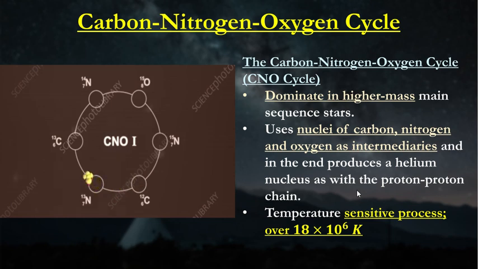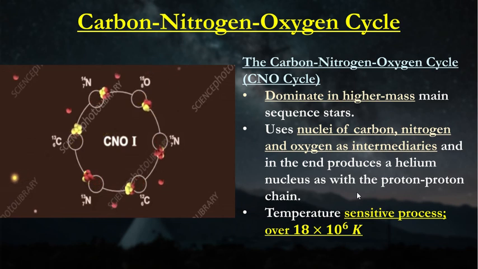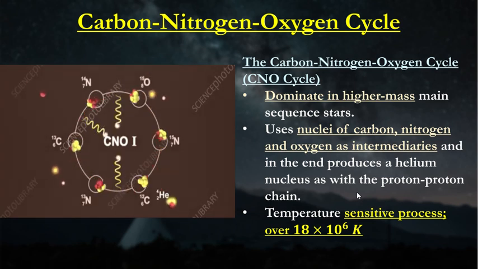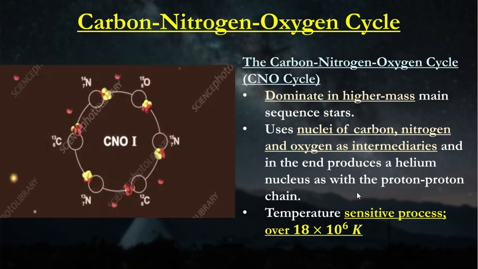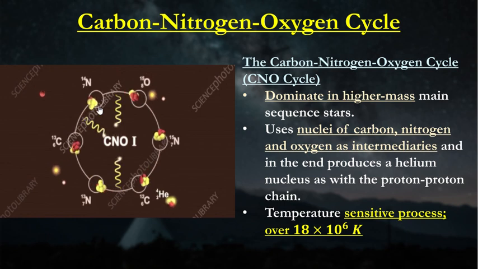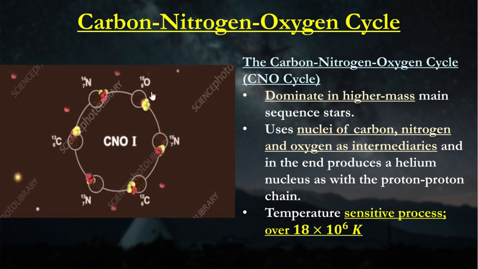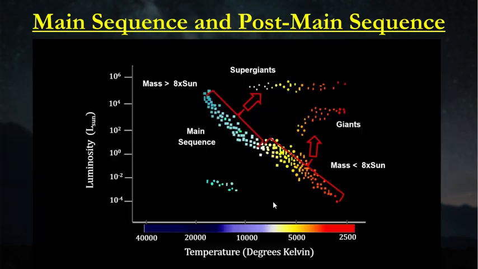They allow the process to occur, but they're never actually consumed in the overall process. They won't change, but they help cause the change we see here, to get those 4 hydrogen nuclei to become helium-4 at the end. It is temperature sensitive, so don't forget that.